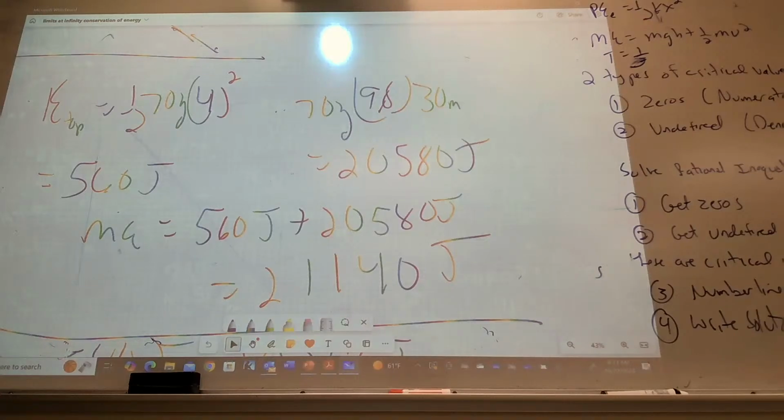Kinetic energy in the middle is going to be mechanical energy minus the potential energy.